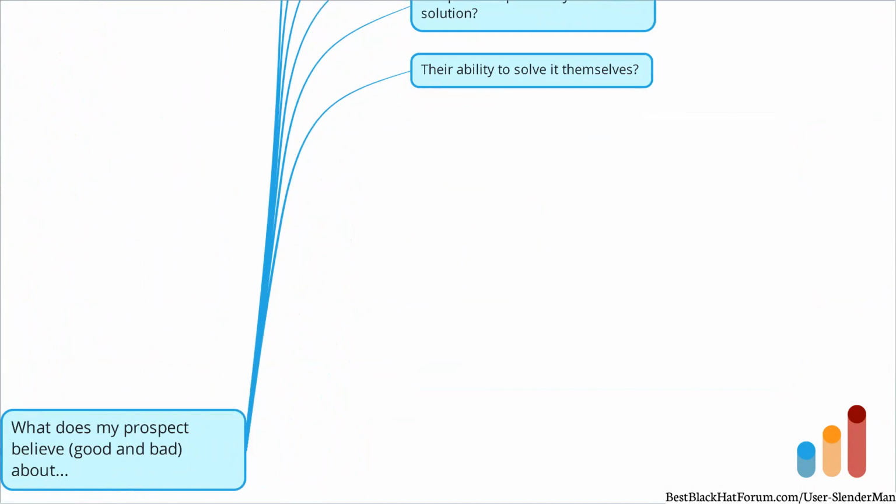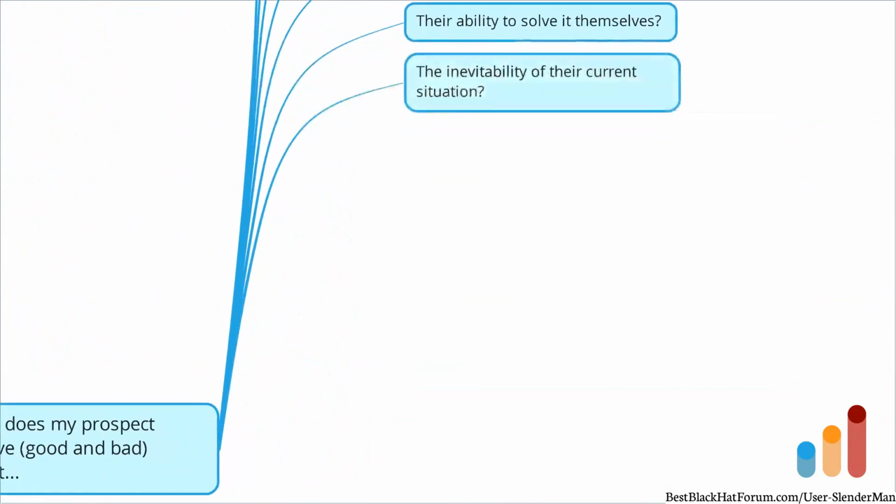So understanding that up front will help you speak to them in a way where they resonate better and where they're more likely to have open ears about what it is that you're going to offer and the decision to respond.